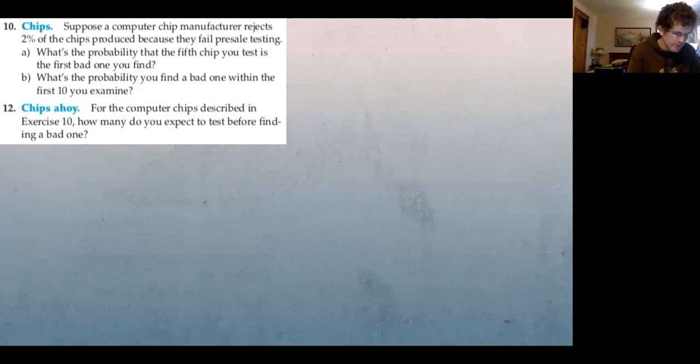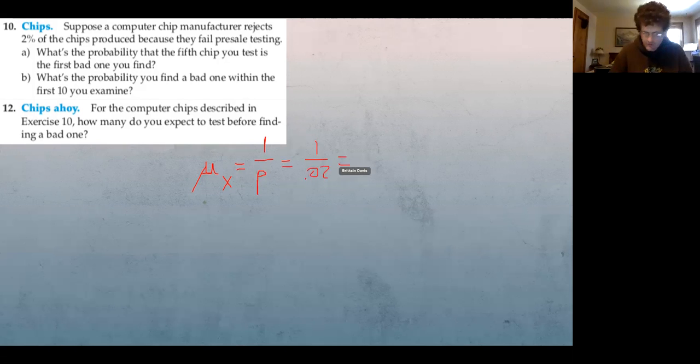That's just another way of saying, what is the mean for this random variable x? Because it's geometric, I'm going to do 1 over the probability, which is 1 over 0.02, which should be 50. So we would expect to test about 50 computer chips until we found our first bad one.